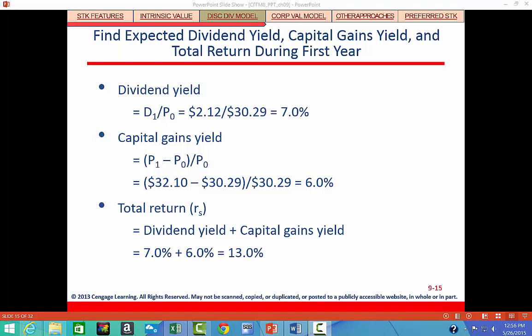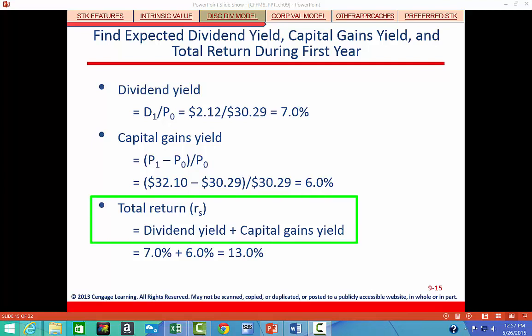An example of that would be when I owned not AT&T, it was Apple stock before they started paying a dividend. Anything that I made was just a capital gains yield. But now with Apple, it pays a dividend yield, so the two components of its return is the dividend yield plus the capital gains yield.